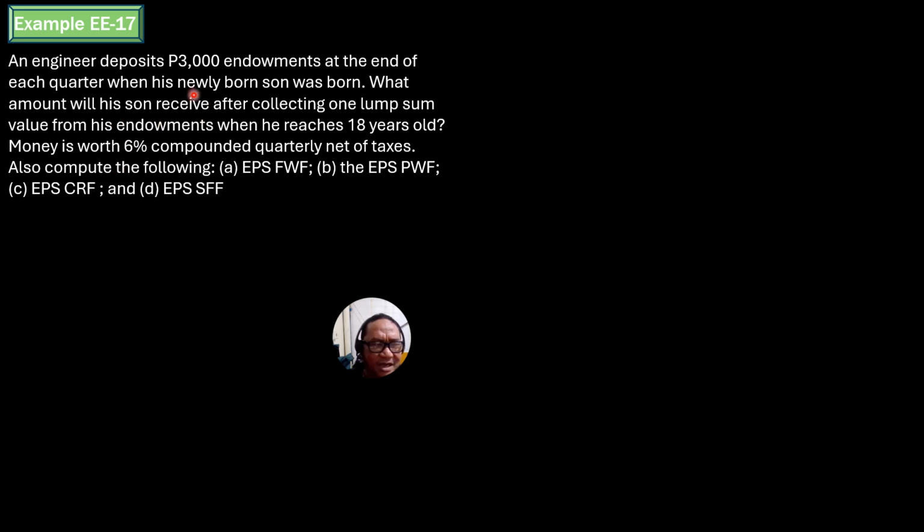Money is worth 6% compounded quarterly net of taxes. Also compute the following: the equal payment series future worth factor or compound amount factor, the equal payment series present worth factor, the equal payment series capital recovery factor, and the equal payment series sinking fund factor.